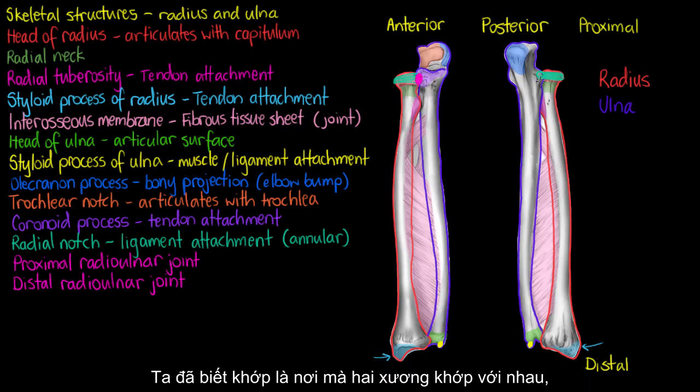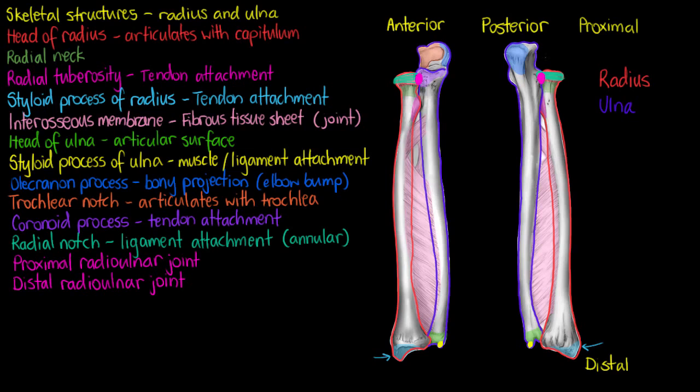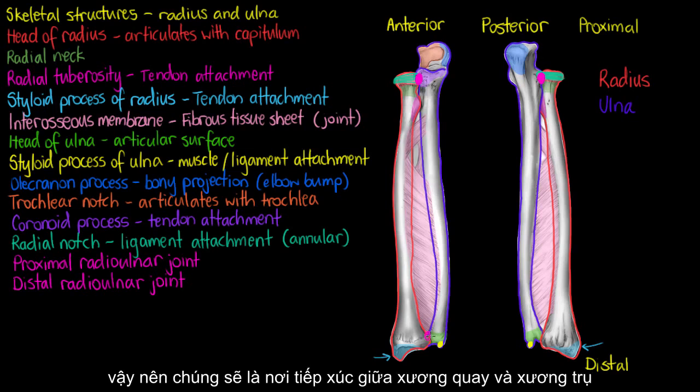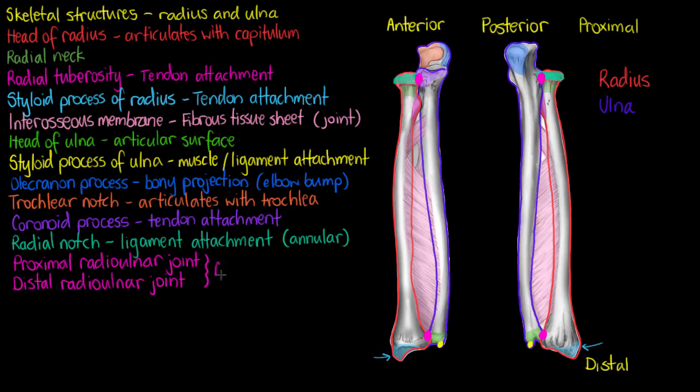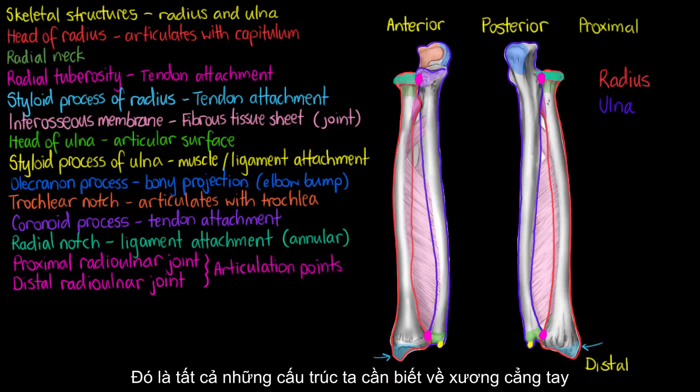Now we know a joint is where two bones articulate, so we know they're going to be where the radius and ulna touch. So the distal portions of the distal radio-ulnar joint at the bottom there. And together they are both articulation points. That's going to cover all of the structures we need to know of the bones of our forearm.